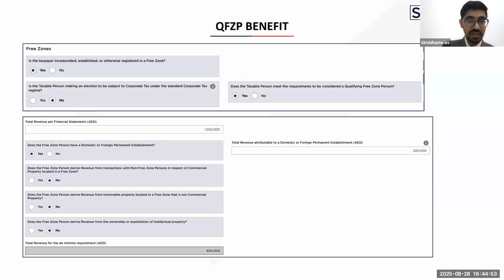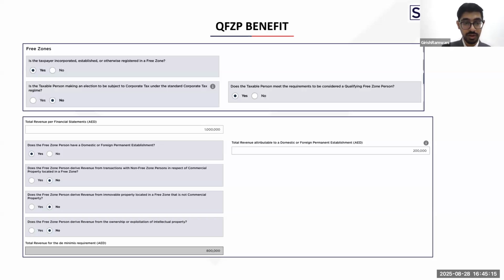Then whether there is any commercial property, like I mentioned, in a free zone where the income is being derived from another free zone person, it is not going to be considered as an excluded activity. So that needs to be reported over here, because again, that income would be excluded from your total revenue for calculating the de minimis requirements.